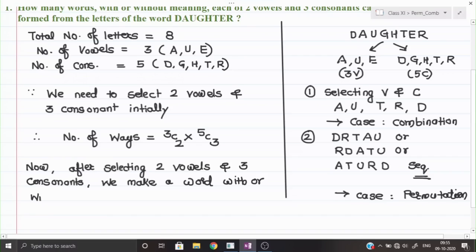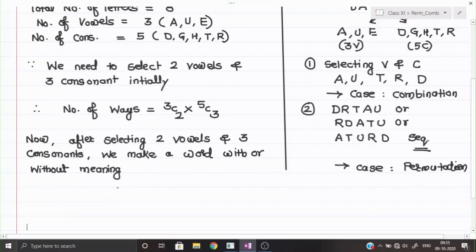That we need to mention here, because the meaning can be there in the word or it cannot be. With or without meaning. So how many such words can be formed?